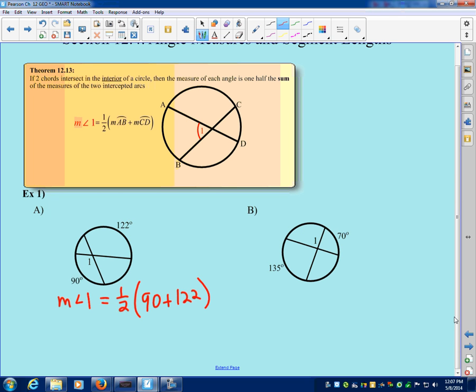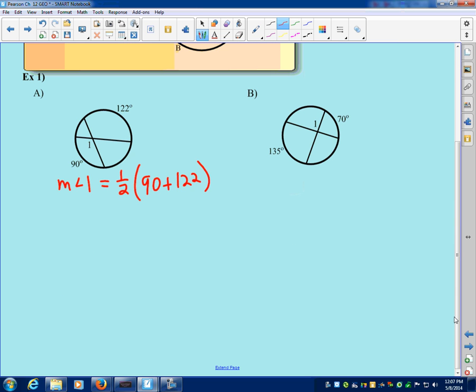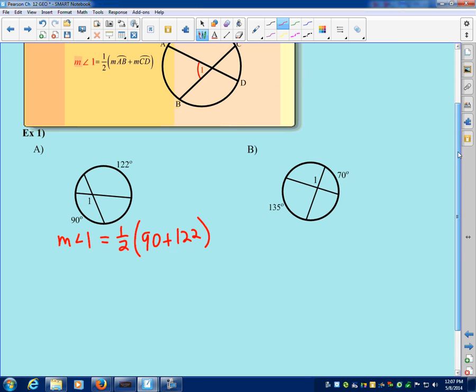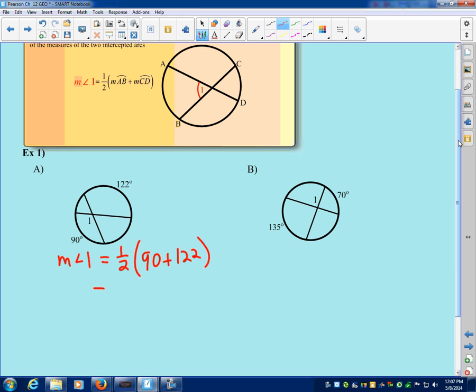So take and add up 90 and 122. What do those two add up to? 212, okay. So we're going to take 1/2 of 212, which is 106 degrees.